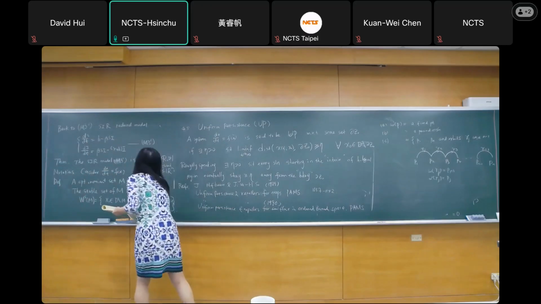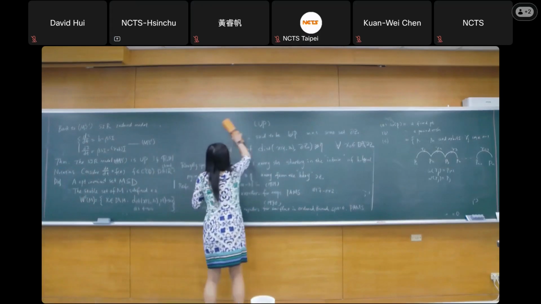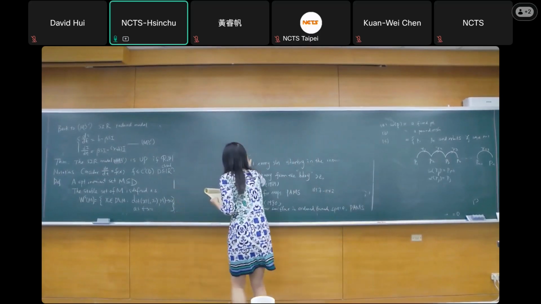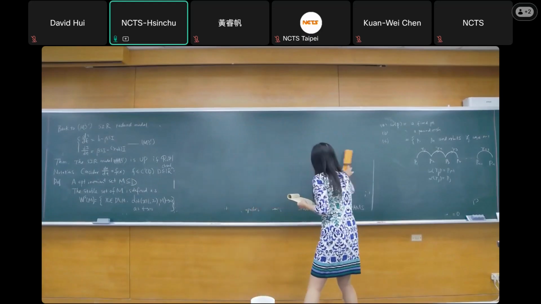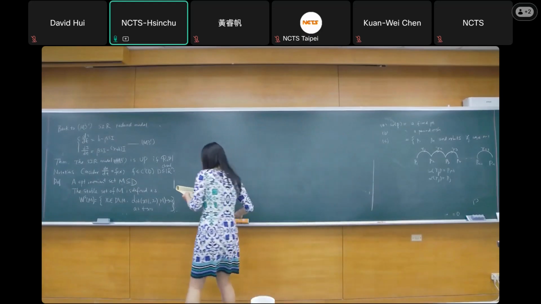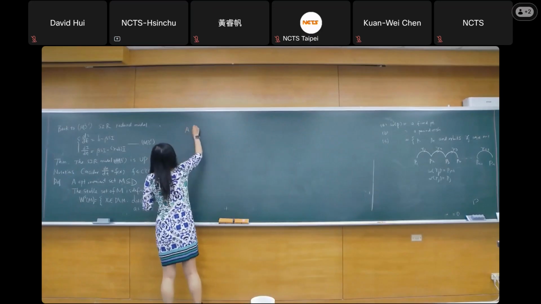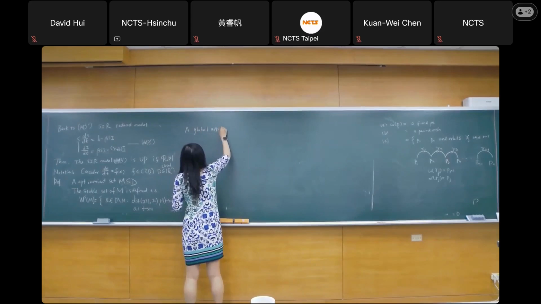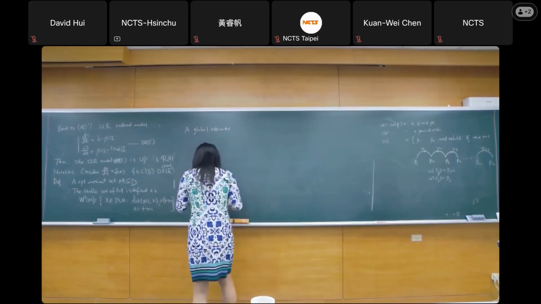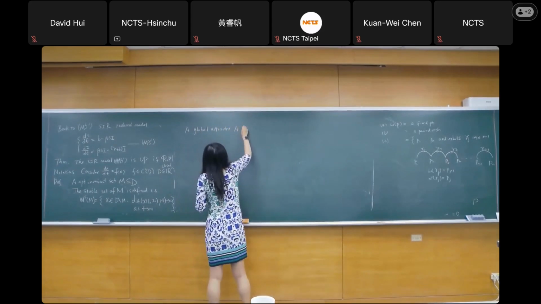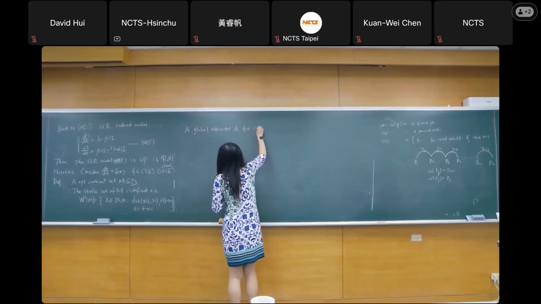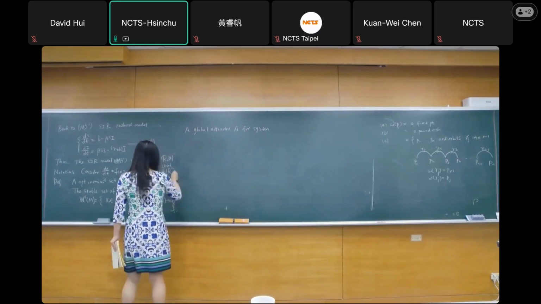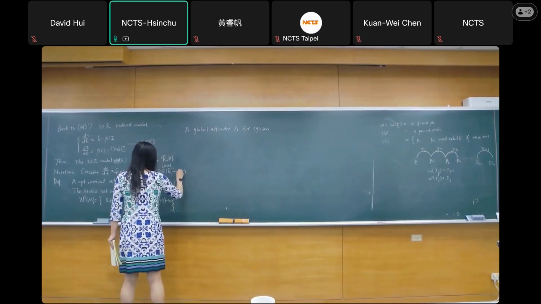Now, a global attractor of the system. What should I carry? I ran out of notation already. Double star.